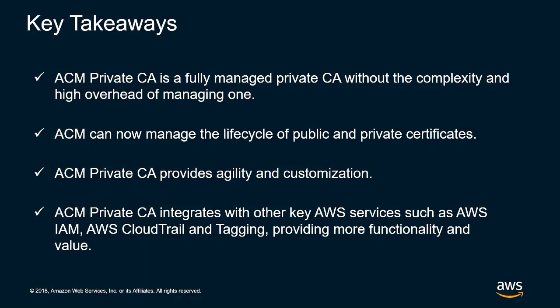ACM Private CA integrates with other AWS services like identity and access management, allowing you to specify policies for access to the CA, CloudTrail for logging all the API calls, tagging for identifying resources, and more functionality and value. Because of that integration, it makes it easy to operate and include with the rest of your AWS resources.